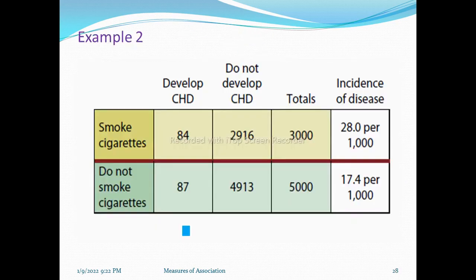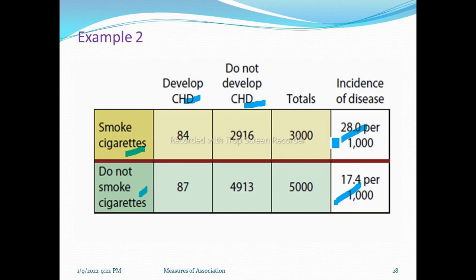Example 2 is CHD. This is the disease group, this is the non-disease group, this is the exposed group, this is the non-exposed group, exposed to cigarettes. The incidence in smokers is 28, and the incidence in non-smokers is 17.4 per thousand.